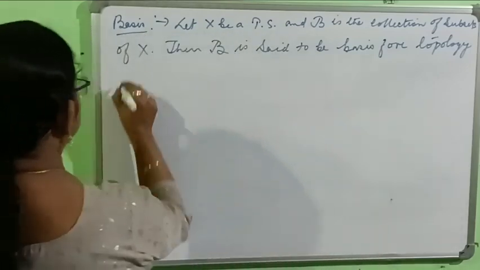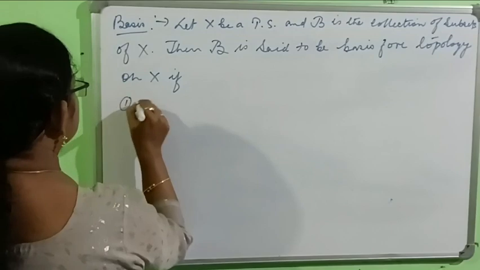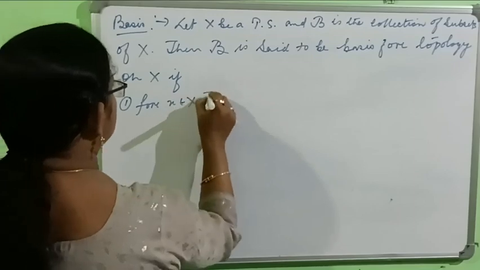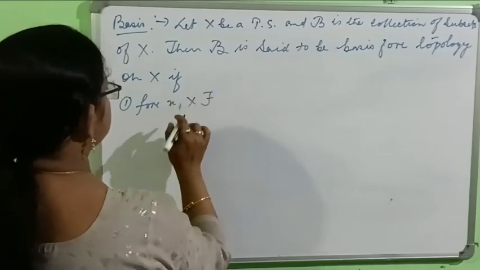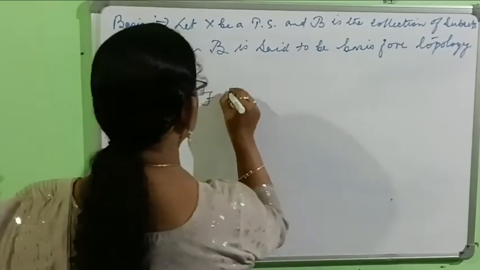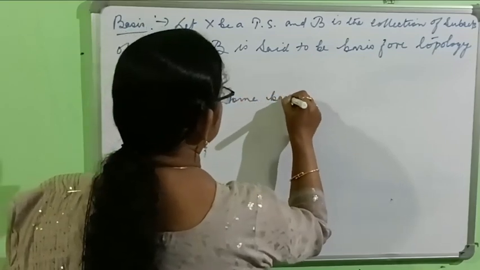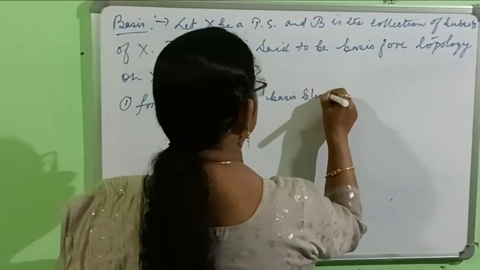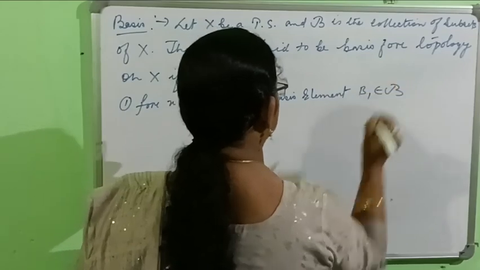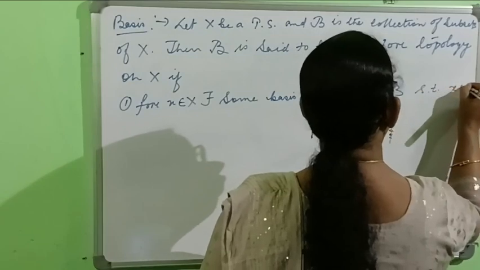Number 1, for every x belonging to X, there exists some basis element B1 belonging to B such that x belongs to B1.